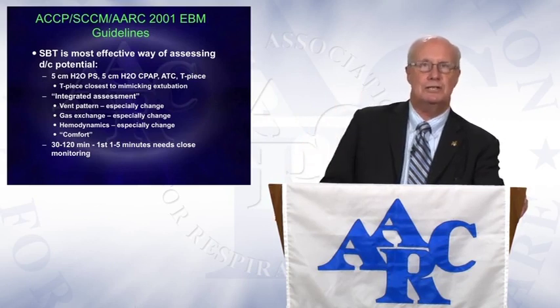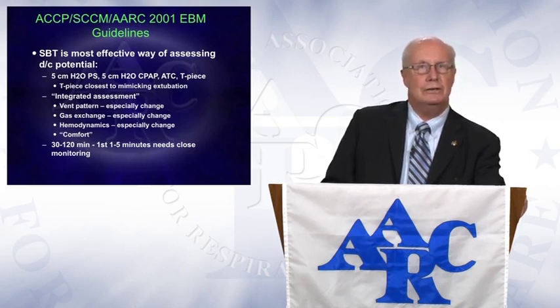Now here's the important point. It's an integrated assessment. It's not a single number. Number 1, the ventilatory pattern. And most importantly, does it change? There are patients out there with very stiff lungs, interstitial fibrosis, who are going to be tachypneic. So a hard and fast number is not really useful. It's looking for a change. Gas exchange, do they stay stable?